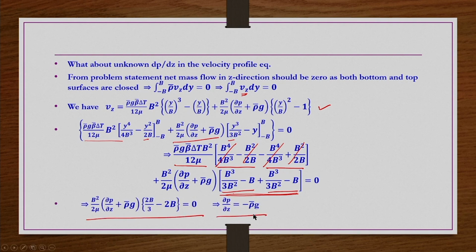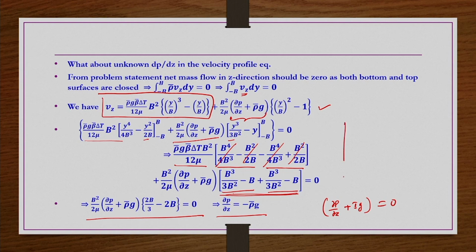So what we can get is ∂p/∂z equals minus ρ̄ g. That means ∂p/∂z + ρ̄ g is equal to 0. So in this equation the second term is 0. In the velocity profile we need only the first term, because ∂p/∂z + ρ̄ g is equal to 0, which we understand from this statement of the problem.